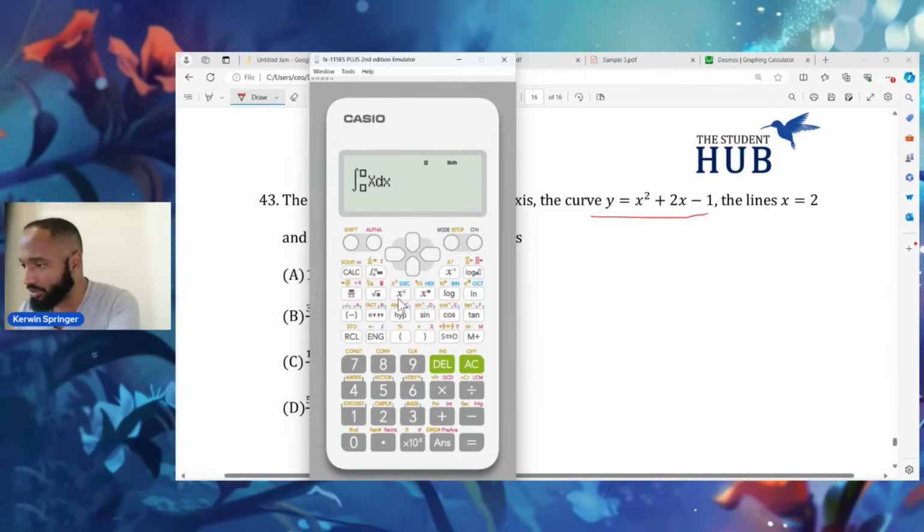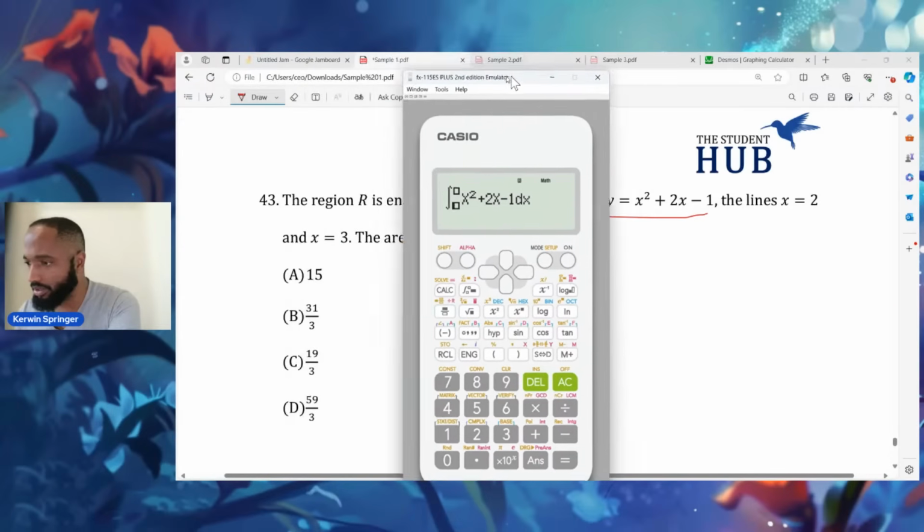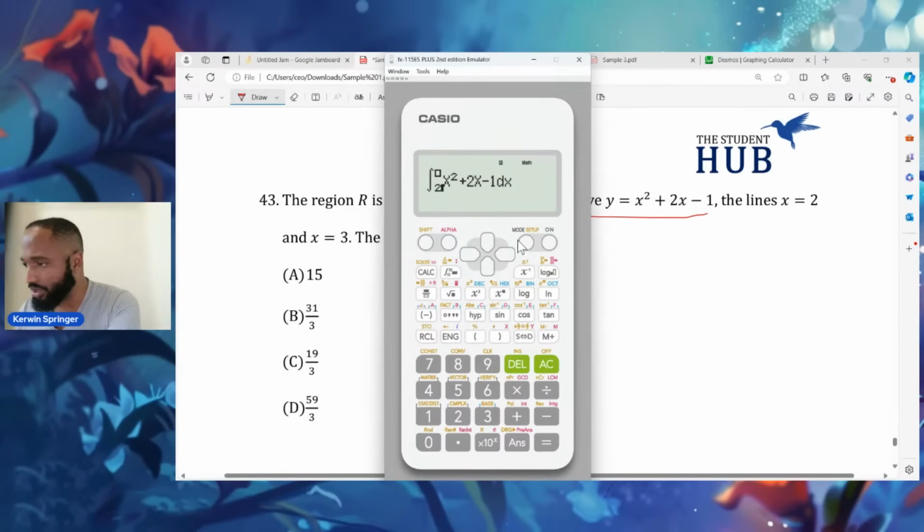Alpha x squared plus 2 alpha x minus 1, between the limits 2 and 3. So this is just a simple integration.